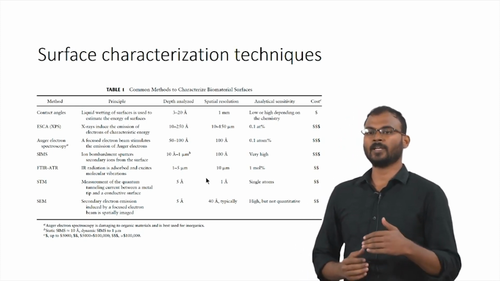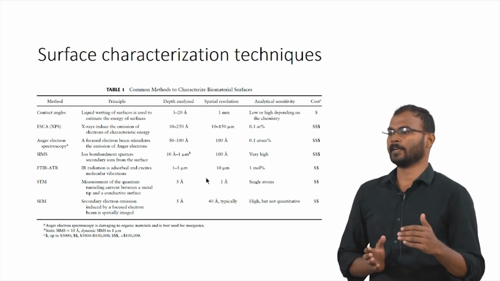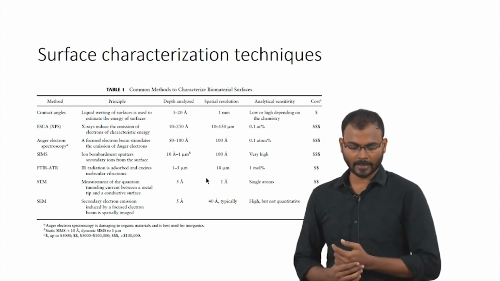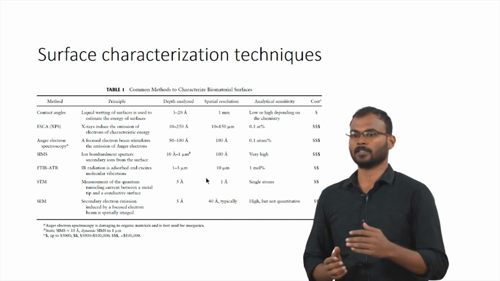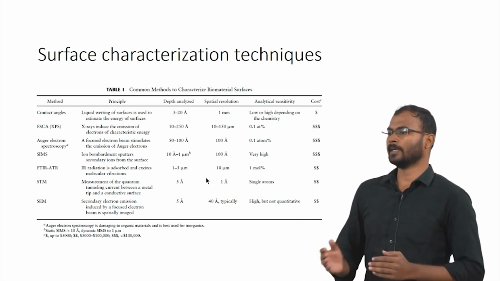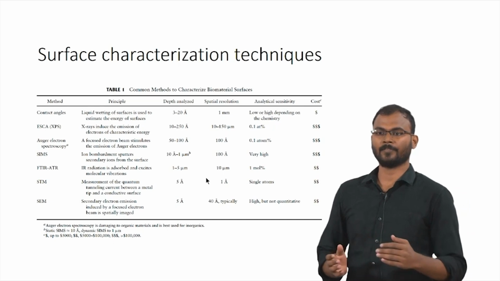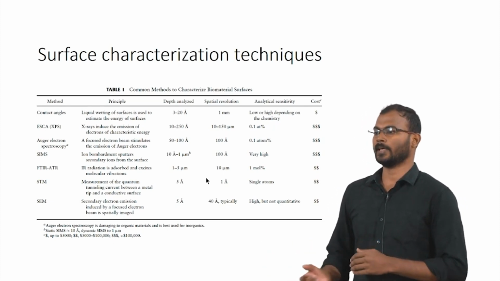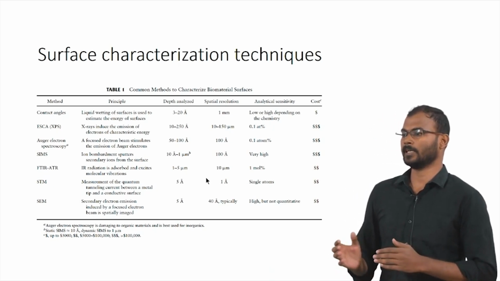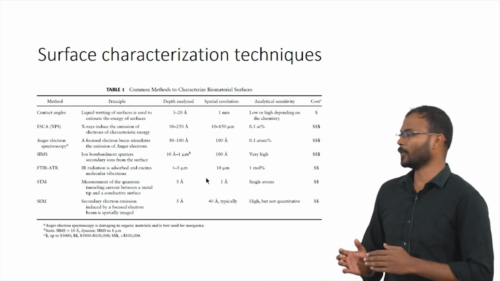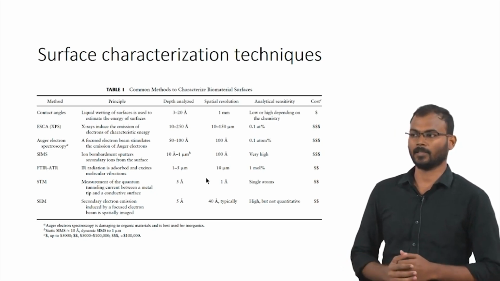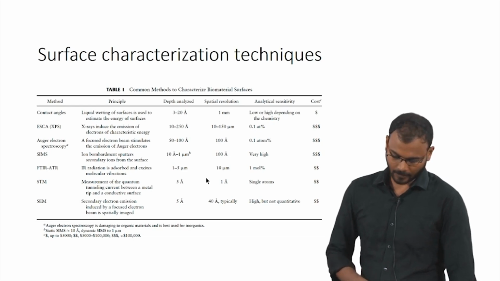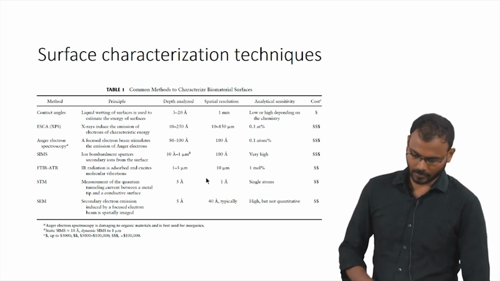All these atomic composition finding techniques will be very highly costly, while the basic techniques like contact angle analysis and FTIR cost slightly less. So, while developing new materials, you can first optimize them using the basic techniques, then go for the higher end techniques to confirm whether the material is properly suited to your application. Okay.